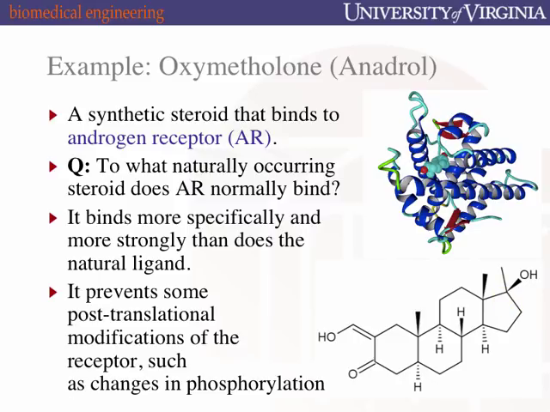So the two reasons why this is a synthetic steroid and a very potent activator are twofold. One, it has a higher affinity for the steroid receptor than testosterone itself. And second, by some of the synthetic modifications, it doesn't undergo some of the feedback regulation that ordinarily accompanies testosterone signaling in cells. So it's kind of on all the time.